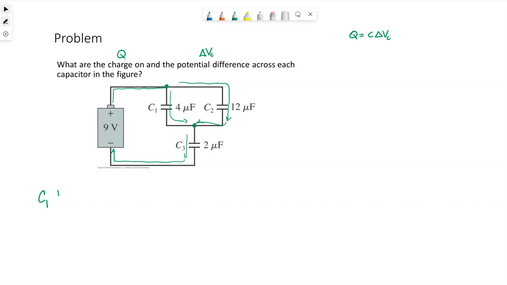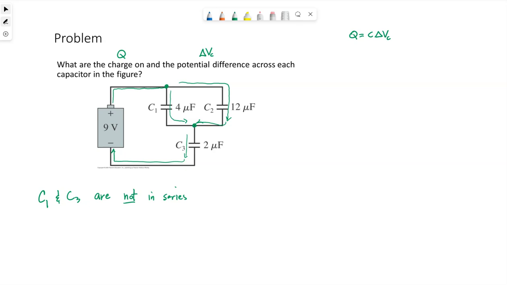C1 and C3 are not in series. If they were in series, we would be required, as we followed our path, to go through 4 and 2 and have no other choice.